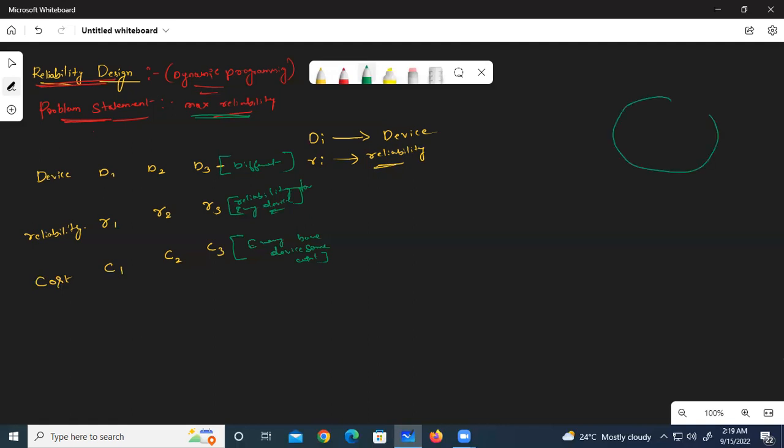For that, what requirements are needed? Devices are required, yes or not? So how many devices are required to achieve a reliability of 100%? We have to achieve 100%, but they are going to give some cost, and within that cost we have to achieve the 100%. That is the problem statement actually.